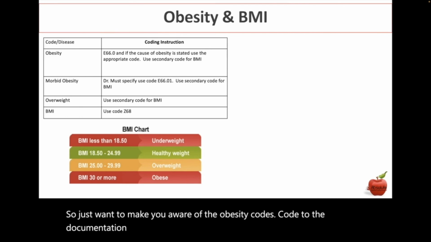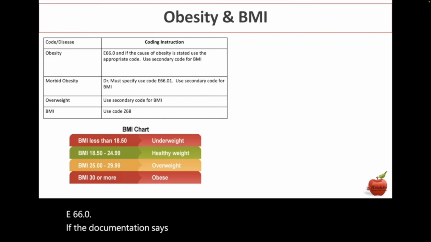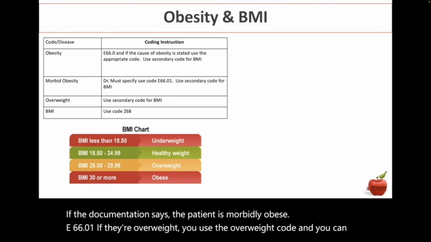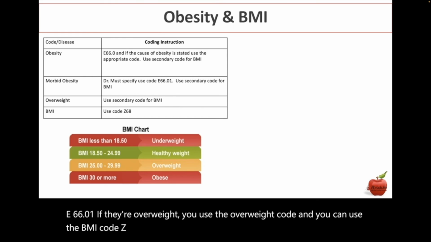If the provider says the patient is obese, E66.0. If the documentation says the patient is morbidly obese, E66.01. If they're overweight, you use the overweight code, and you can use the BMI code Z68, the appropriate one, depending upon their BMI range.